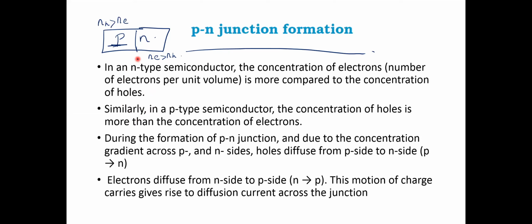When you join the P and N regions by certain fabrication techniques, then the concentration of holes being greater on the left hand side will diffuse from the P to the N side, and similarly the electrons which are greater in number on the N side will diffuse towards the P side. Okay, and this is basically going to contribute to a current called the diffusion current.